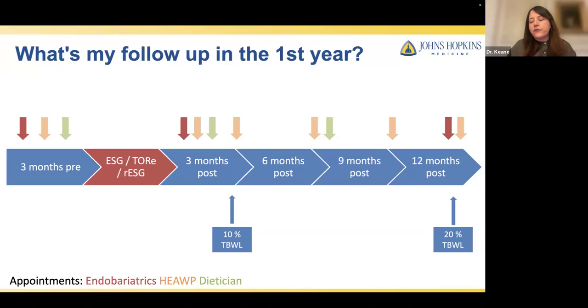And the idea is that with all these touch points, we really want to keep you on track. And we think that seeing different people, seeing the medical obesity specialist, seeing myself, and also seeing the dietitians allows you to have fully comprehensive and different aspects of care to really achieve your goals.